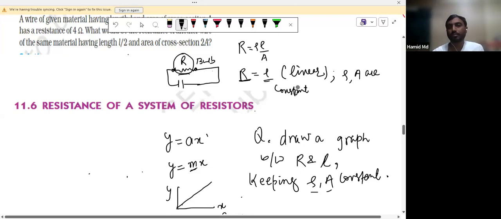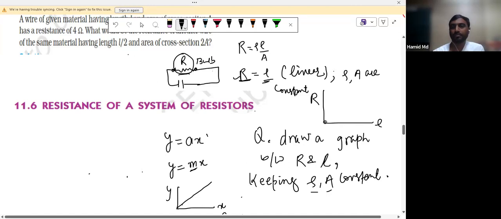So how will this look? Govita, if this is R and this is L, how will you draw the graph? A straight line.